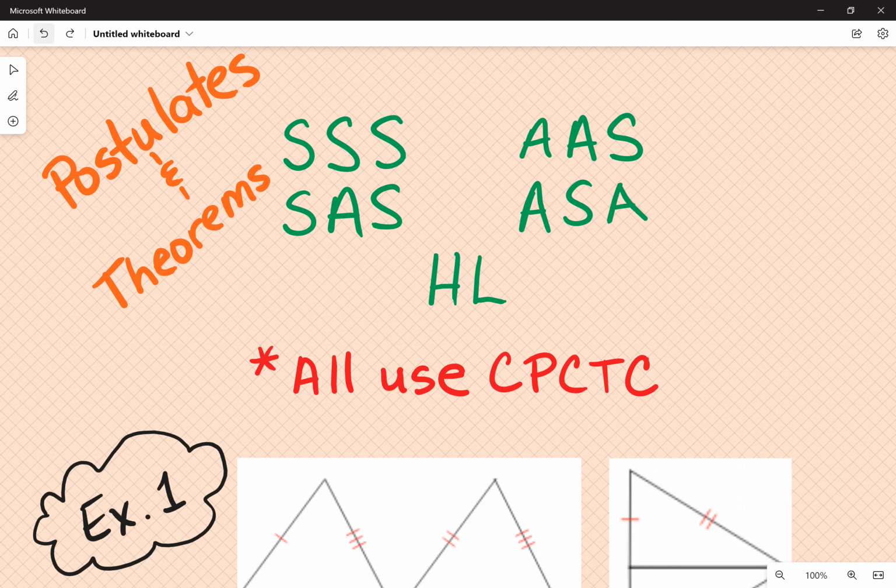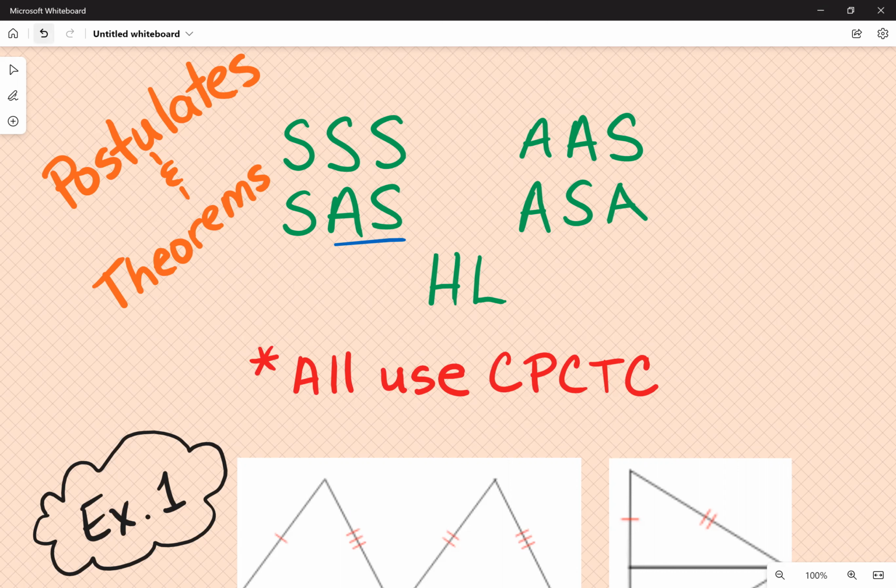If you don't have a list and you just want to memorize which ones show triangle congruence, what I do is set it up this way so that both S's go together, both A's go together. For the first one, it's all S's: side, side, side. For the second one, I'm spelling the word AS.